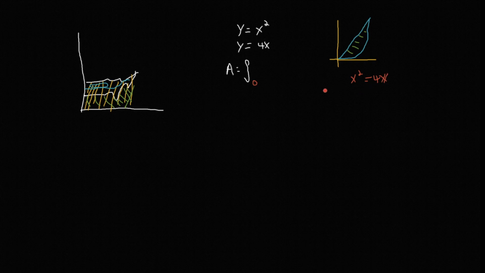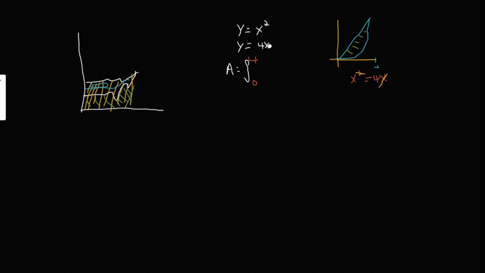But now we can remove 1 x from both sides. So now this is just x is equal to 4. So this x value is equal to 4. So we're going to go from 0 to 4. And then we do top curve minus bottom curve.